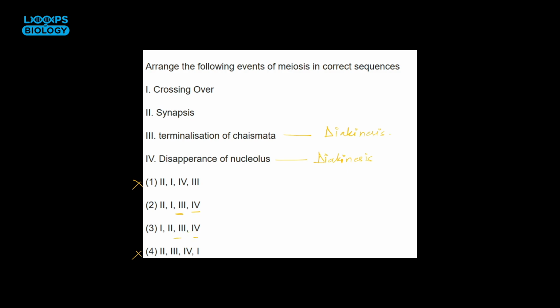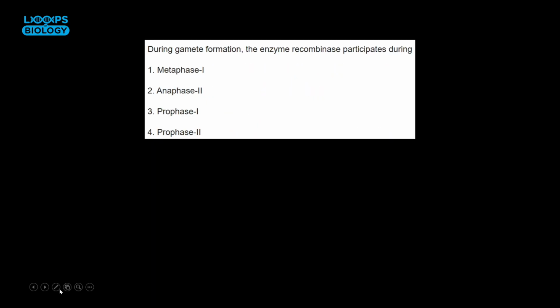Synapsis takes place in zygotene, and crossing over in the pachytene phase. So the sequence was leptotene, zygotene, pachytene. First of all 2, then 1, 3 and 4. So option 2 is the correct option for this sequence.